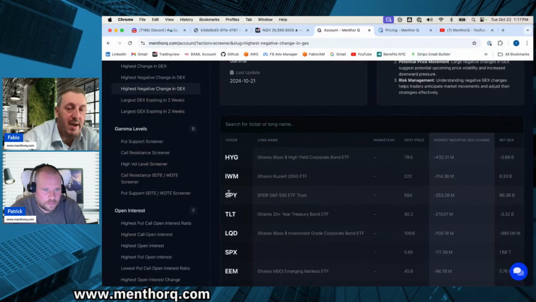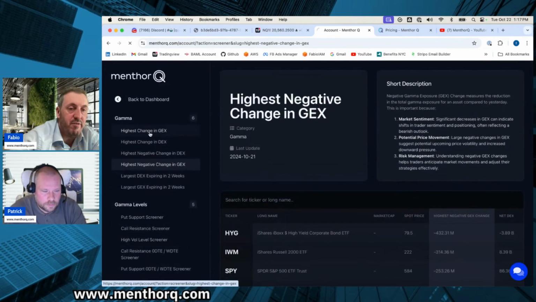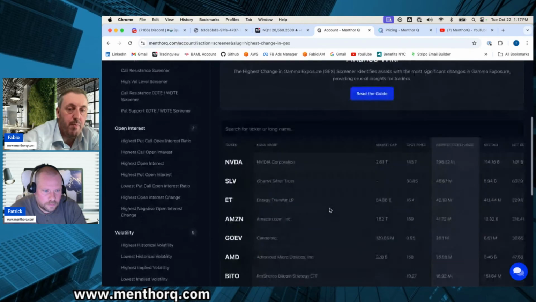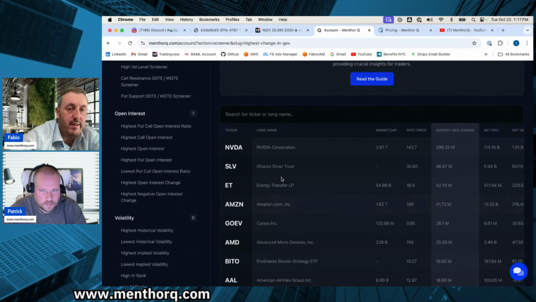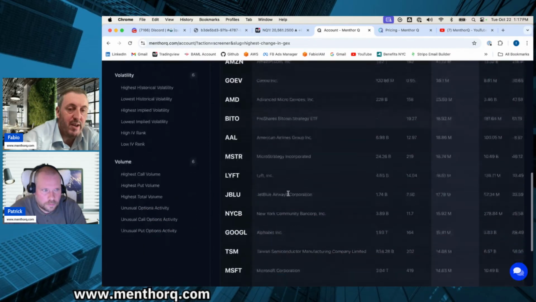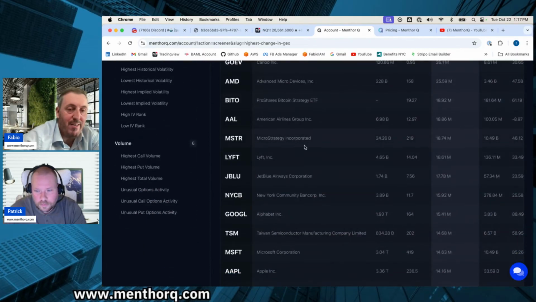We see SPY, for example, with an increase in negative GEX of 253 million, right? But we can do the same with positive GEX: where is more positive GEX being accumulated? We saw NVIDIA, yesterday there was a massive move in NVIDIA, Amazon preparing for earnings, MicroStrategy and so on.